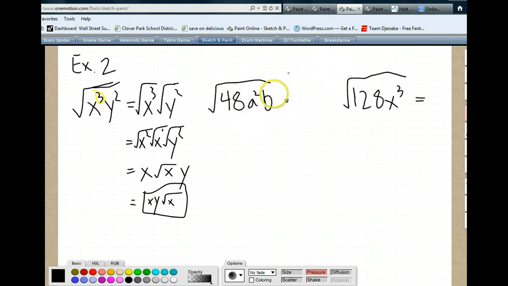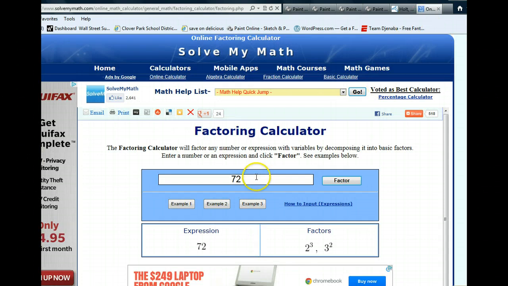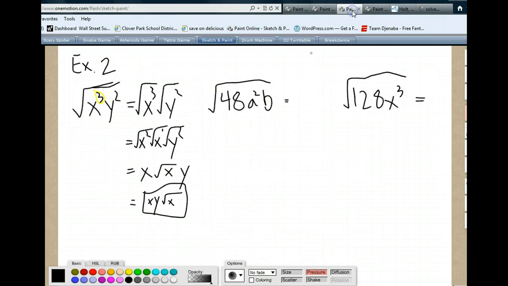Okay, so I have a number here. Go over here, 48. Factor that for me. Go back. As that's factoring, I'm going to put everything in its own radical symbol or radical sign.